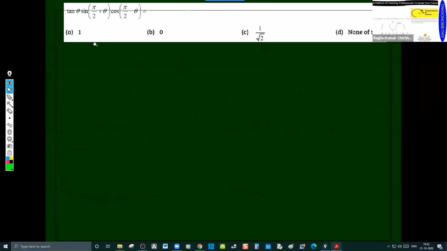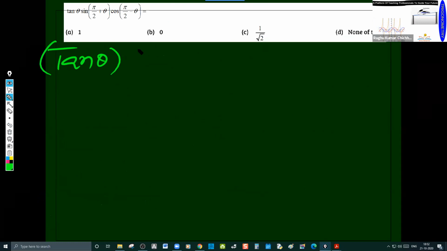This is simple. Can you try this? Tan theta, keep it as it is. Come on, tell me what is sine of 90 plus theta. Waiting for your answer.